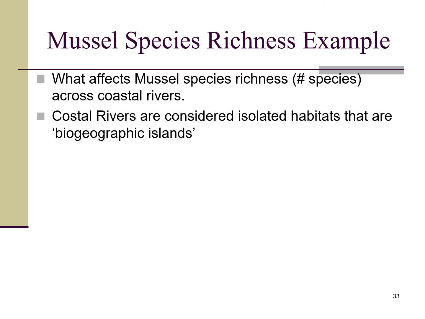In this case, you can consider coastal rivers to be isolated islands, in the sense that they might have, say, mesohaline conditions, that is, moderate salinity, and perhaps these mussels can't migrate from one coastal river to another because that requires them to go into the ocean and be exposed to high salinity.